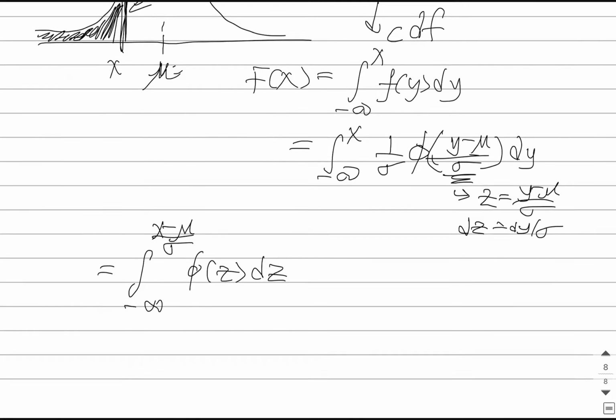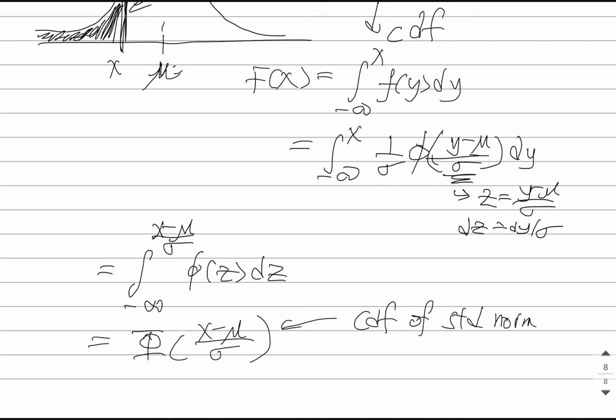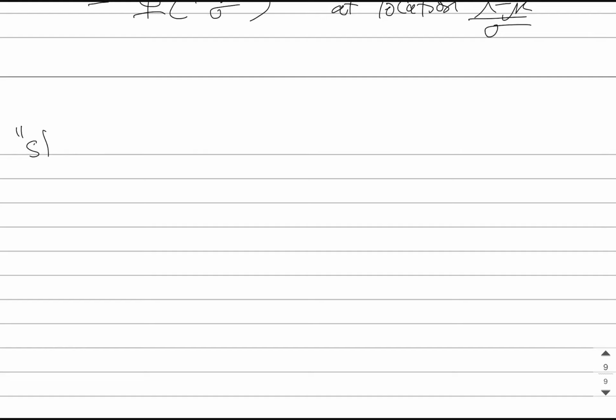And the point of the story here is that this just ends up being the CDF of the standard normal at a different location. At the location x minus mu over sigma. This is a process that we're going to call standardization.